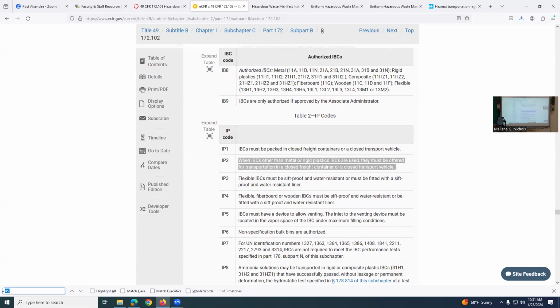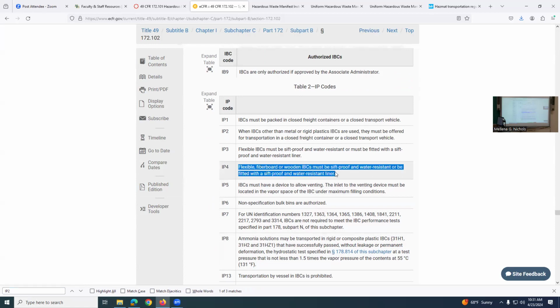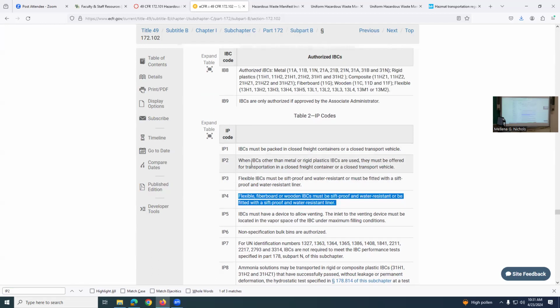Now the next one, IP4, that one's a little bit further down right here. If we were using flexible fiberboard or wooden IBCs, they must be shift proof and water resistant, fitted with a sift proof and water resistant liner. So whether we used IP2 or IP4 would depend on what containers we picked from up here.